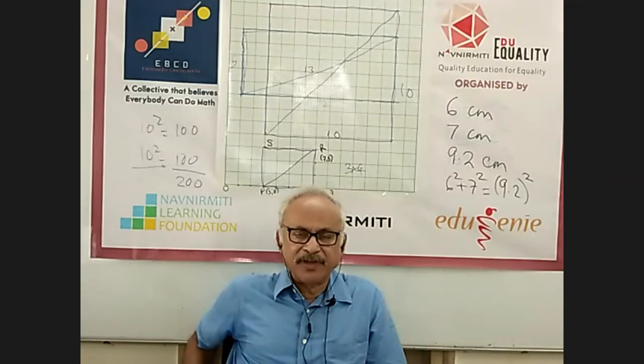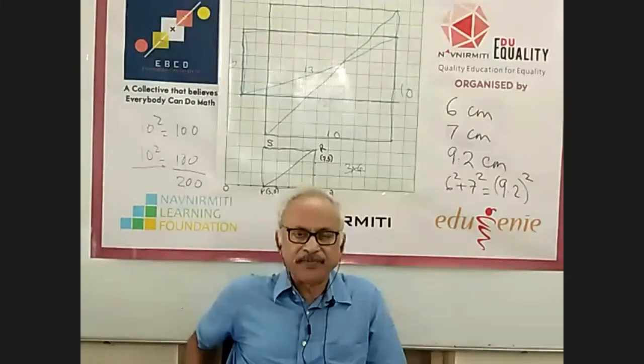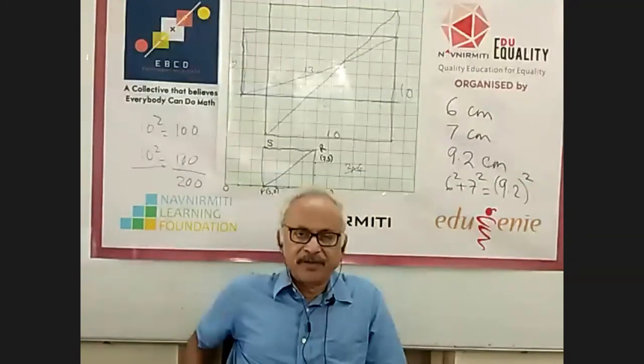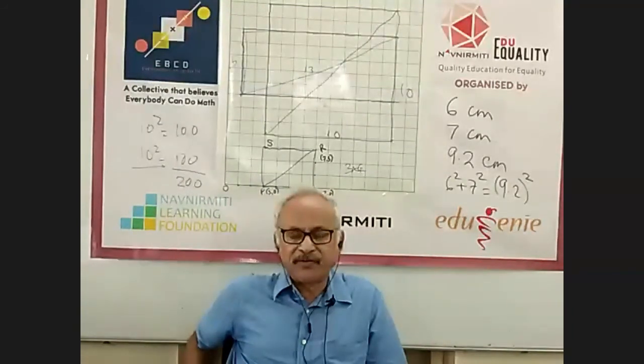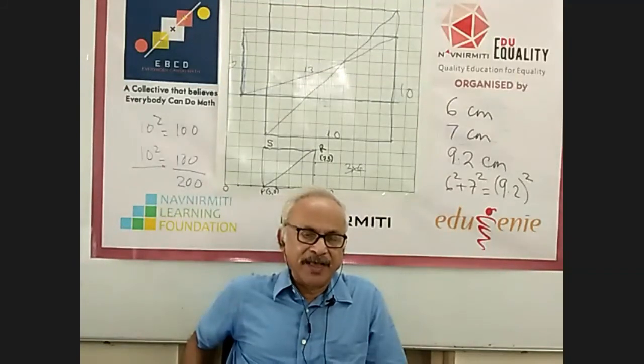The second thing that we did was to study about squares and square roots using our calculator. We saw that we can take the square root of a number like 200 and get the answer as not a whole number, but a decimal fraction.